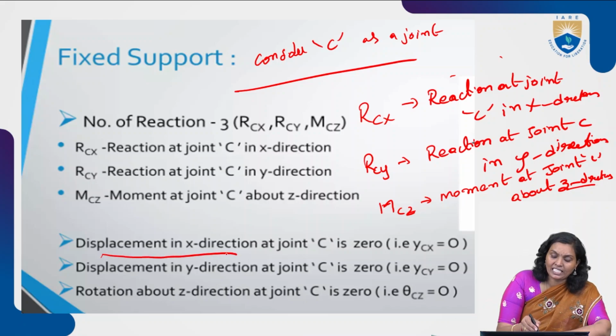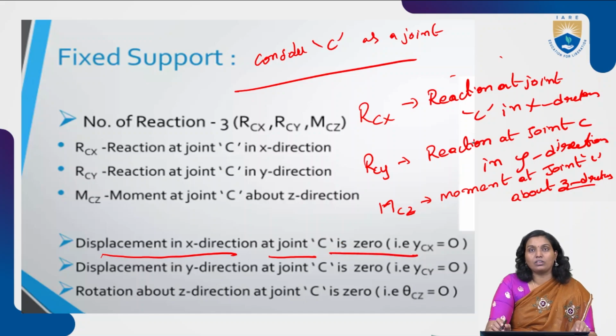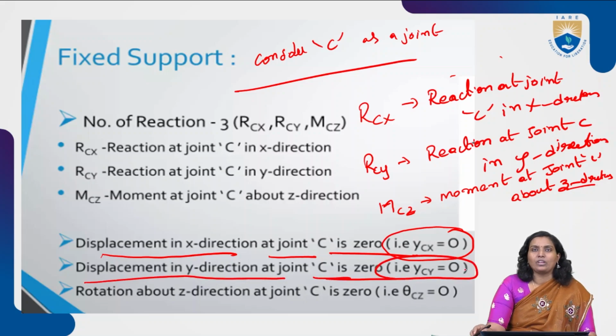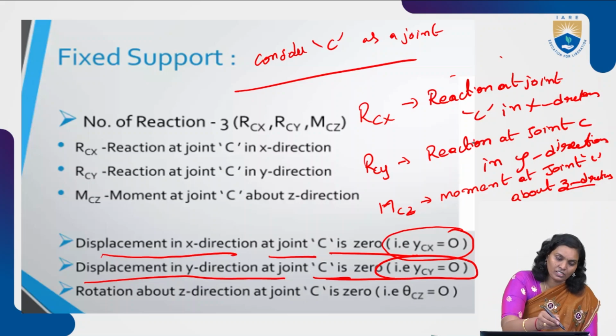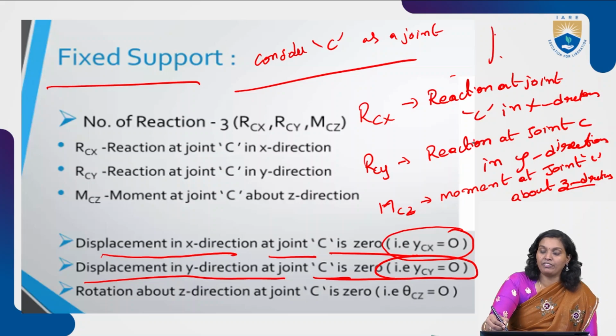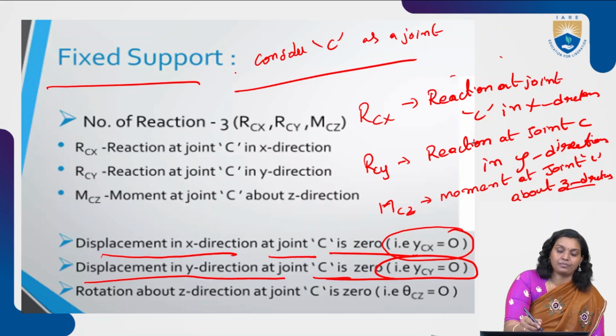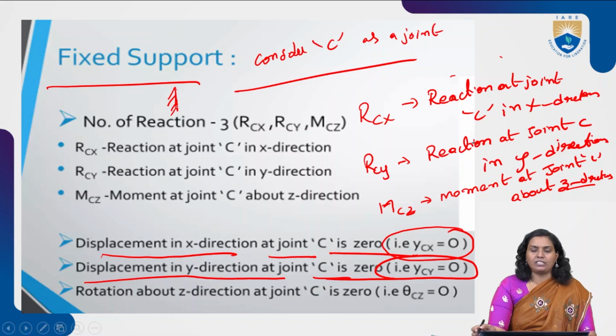Similarly, the displacements for this fixed support: the displacement in X direction at joint C is 0, so for a fixed support along the X direction there is no displacement. Displacement in Y direction at C is equal to 0. So the number of reactions is equal to 3. For a fixed support, whatever the member may be, whether beam or truss, the number of reactions is equal to 3.